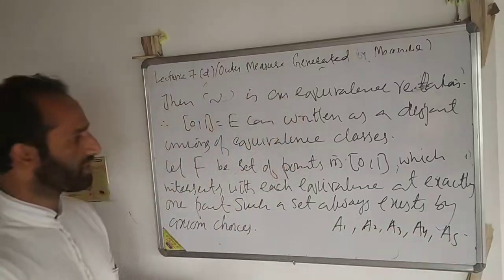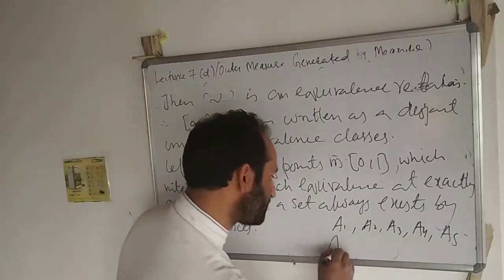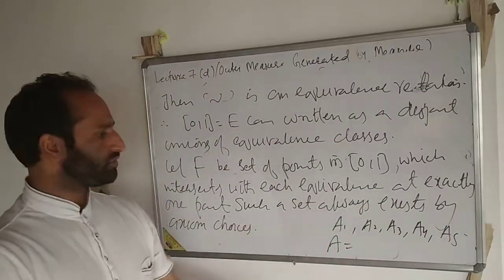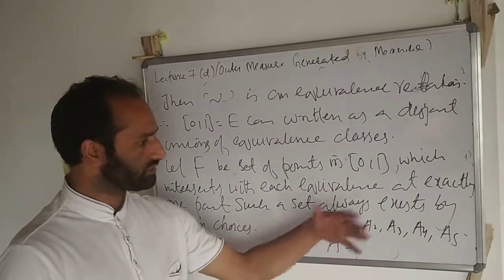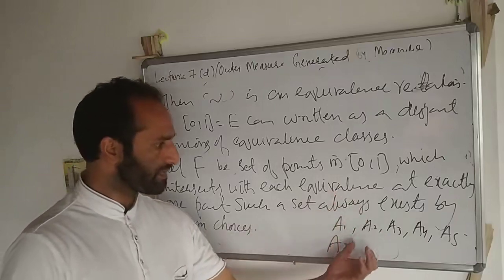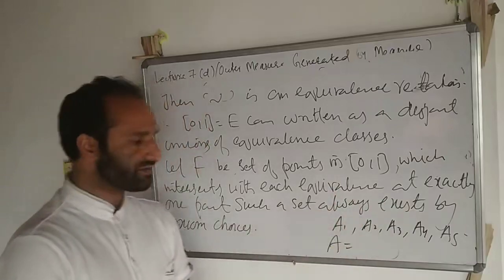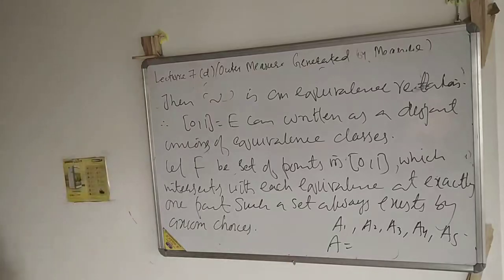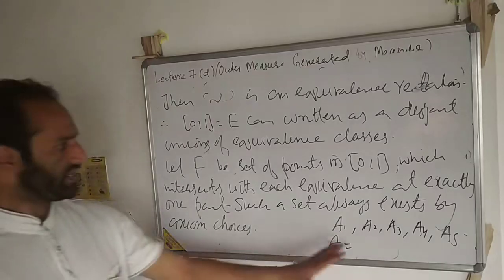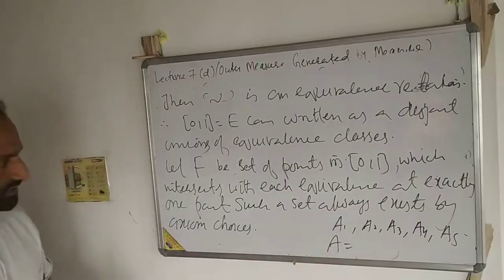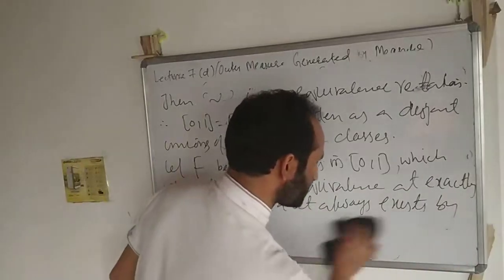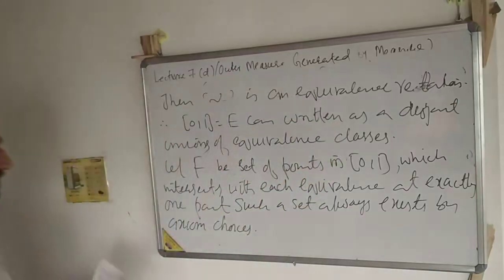We choose one point from each set and construct a new set A, which contains exactly one point from each set. This looks trivial and is simple in case the collection is finite, but in case of an uncountable collection, we say this is true by the axiom of choice.